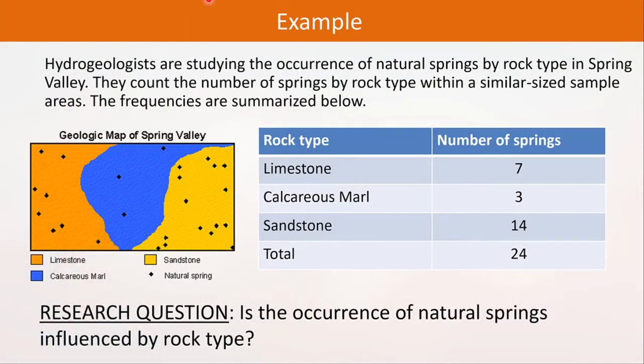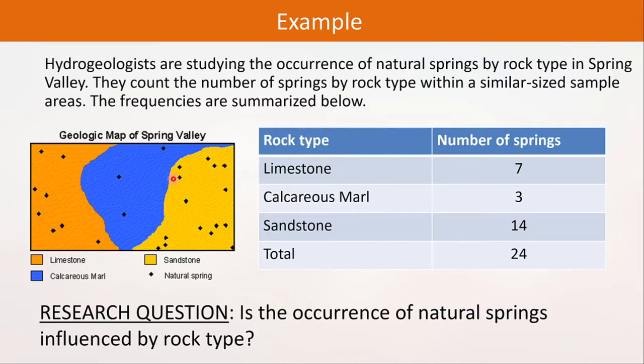Let's say you open a bottled water company and you are hiring a hydrogeologist to study the occurrence of natural springs by rock type. These are the recorded numbers of springs associated with each rock type.